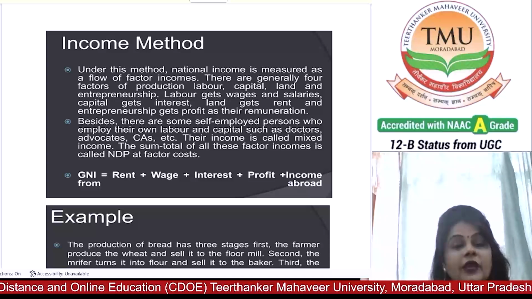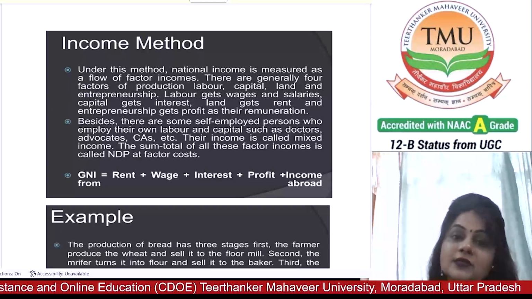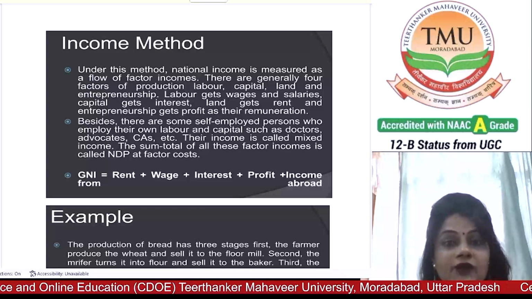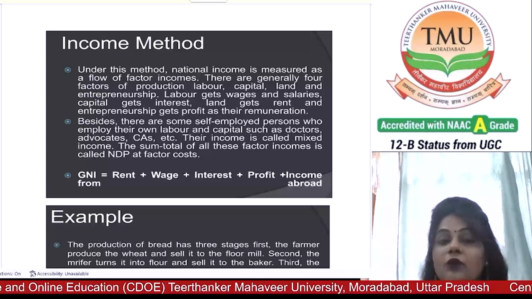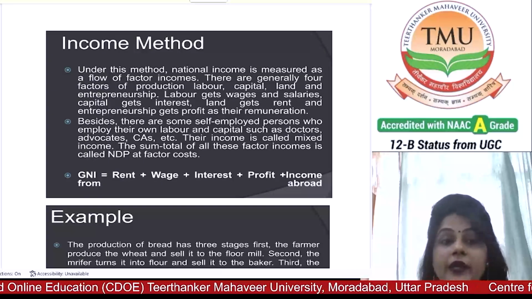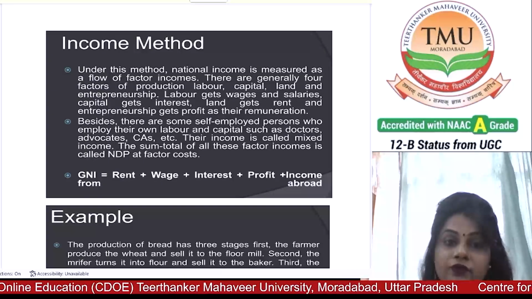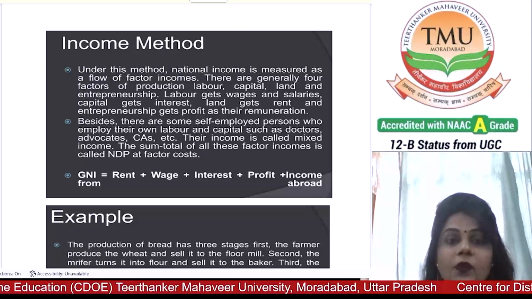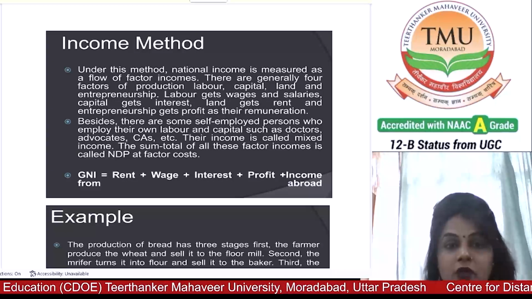Now we discuss interest. Interest is the factor payment of capital. Interest refers to the income earned from lending funds to production units. It includes both actual or imputed interest provided by the entrepreneur.